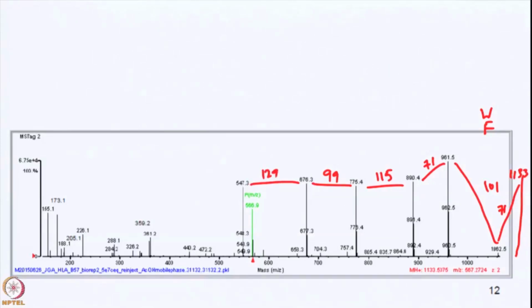All right, so we learned this last time that 205 is Y1. So this is Y1, and this would be B2. And that mass difference there, is that 18 or 28? It is 18. Okay, B2. So that would be the 71 and the 101. And then we should be able to go 71 more. Or not.